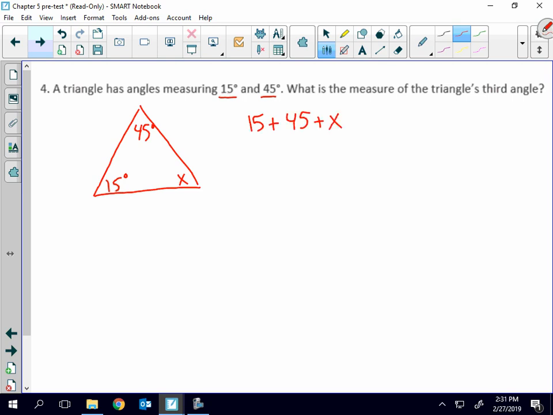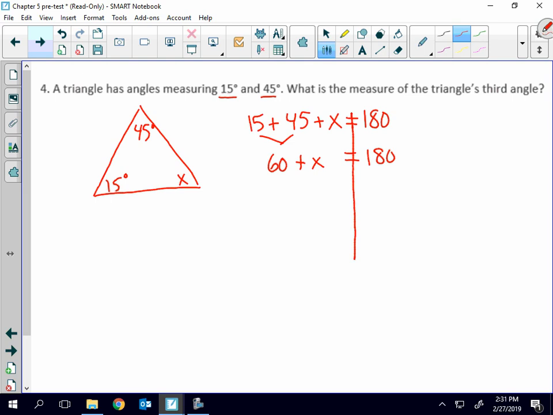If you want to ask me, does it matter what order you add them in? No, it does not. You could add x first. You could add 45 first. It doesn't matter. What matters is that they're all on the left side, and then that equals 180. To solve for x, we add up 15 and 45, which gives me 60. Combining our like terms.